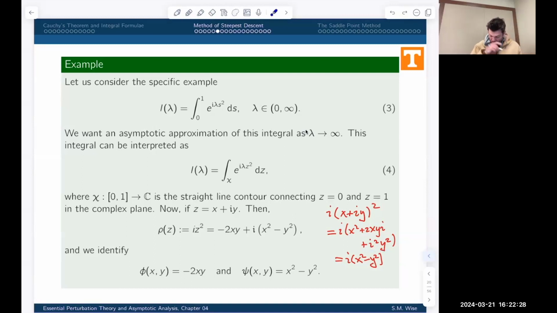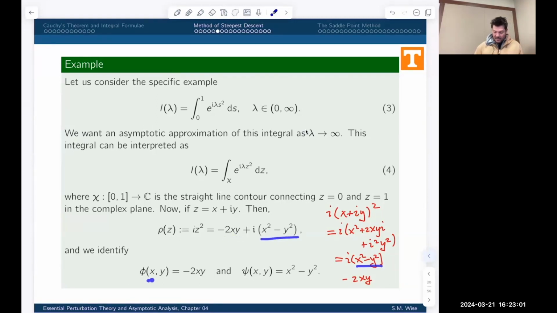And then for the other part, we have i times 2xyi. And of course, that's an i squared there. So I just changed that to be minus 2xy. So that gives me my real part here, and the imaginary part is there.